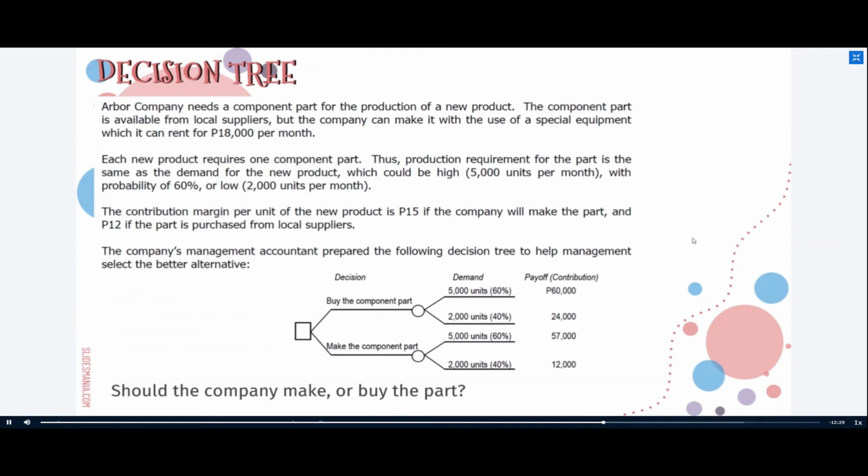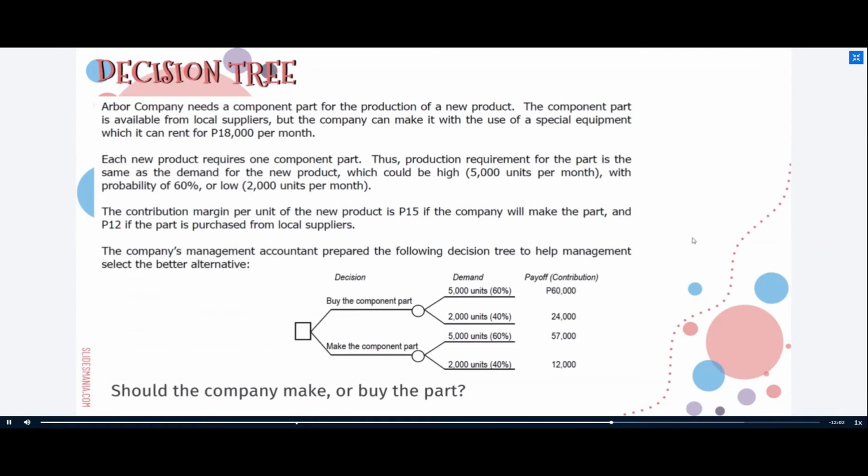Kasi I understand you're just in your second year. But in management accounting, you'll be learning about relevant costing. So in relevant costing or differential costing, you'll be encountering the same problems, no? Whether to make or buy a part.